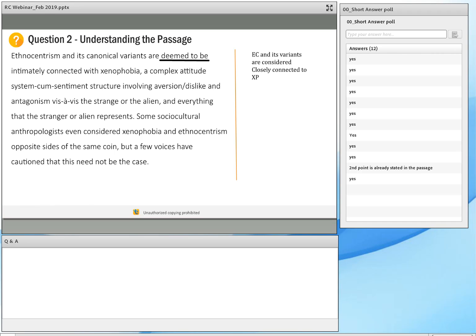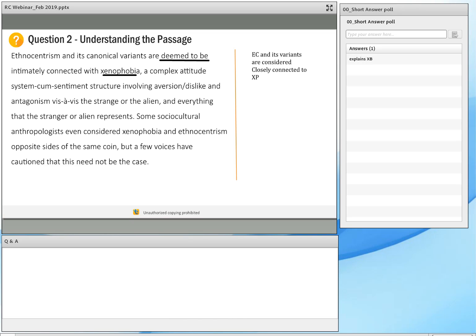Okay, and if you're doing predictive reading, what you're really saying is, what would the next part be? It would be something that either explains what XB is, or something that explains the outcome of it if it's a verb-ing form. And so the moment you start reading this, it's a complex attitude, system cum sentiment structure, involving aversion, dislike, and antagonism vis-a-vis the strange.